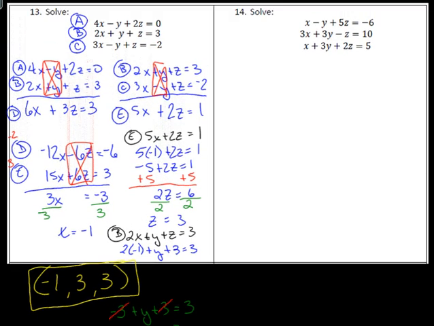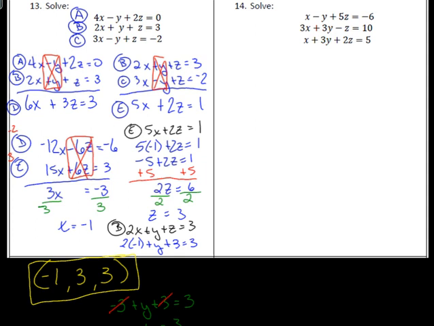Looking at problem 14. In problem 14, it's a similar type situation. Here I'm going to go through and eliminate my y variable again. First, I want to start off by labeling them A, B, and C. I'm going to put A and B together. A needs a 3 though, so I'm going to multiply everything in A by 3 so I can eliminate my y variable. So that gives me 3x minus 3y plus 15z is equal to negative 18.